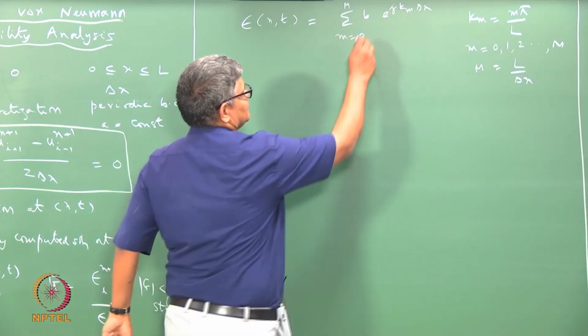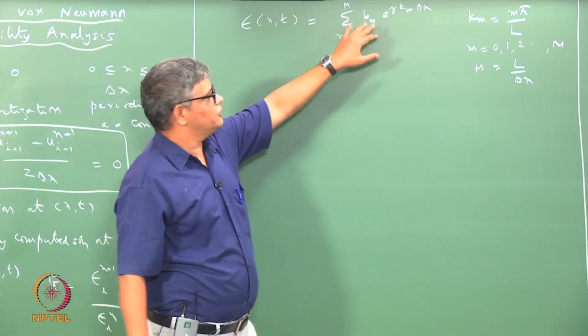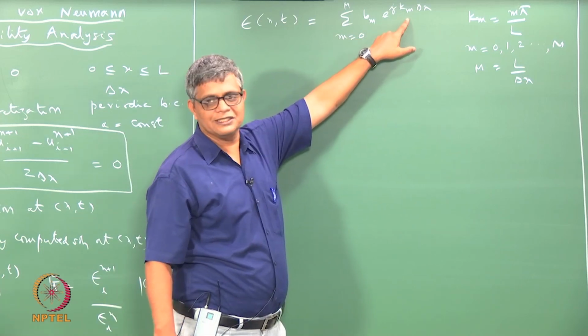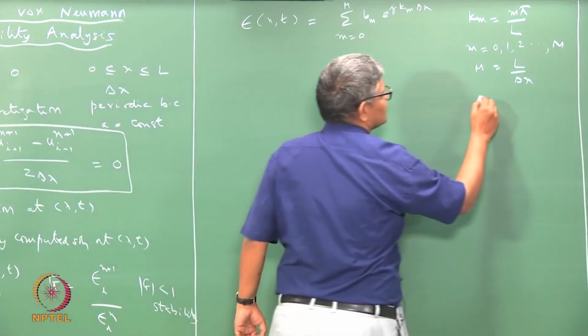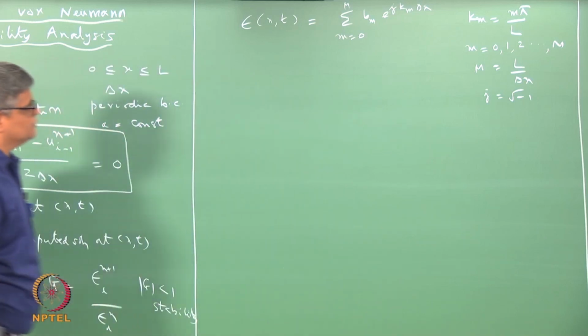Okay. So these are the capital M plus 1 number of Fourier components which are present in this series, and each of these is a sinusoidal component with an amplitude and with a sinusoidal variation given by this exponential function with j equal to square root of minus 1.